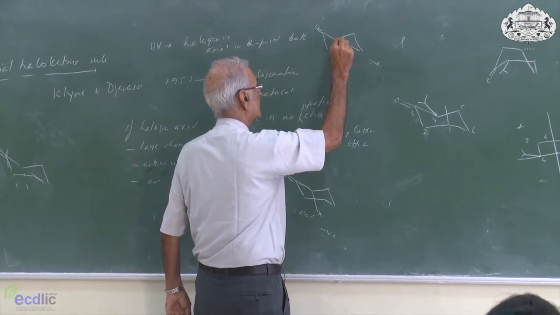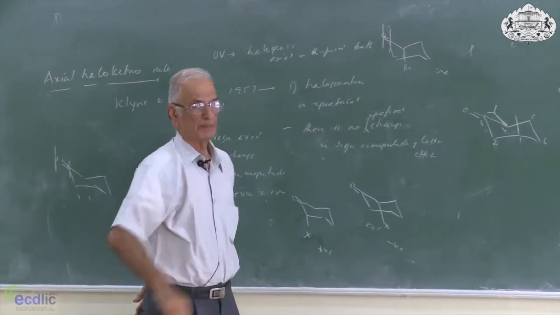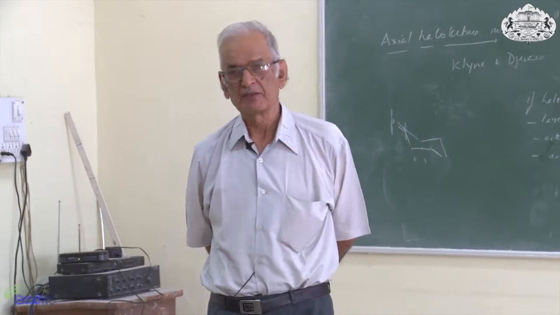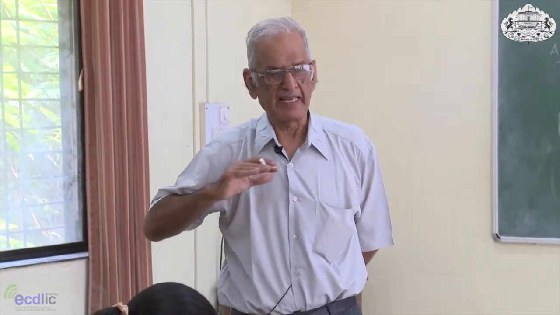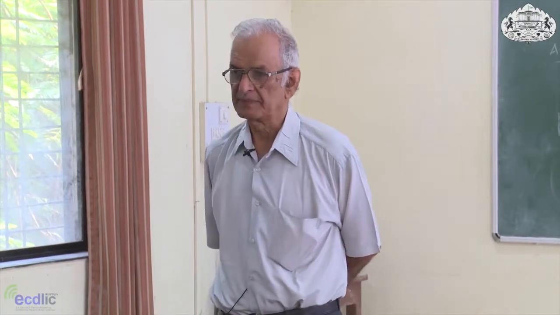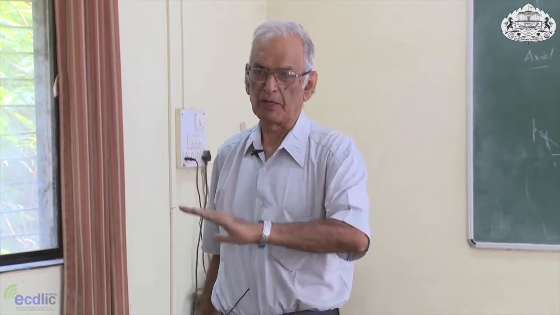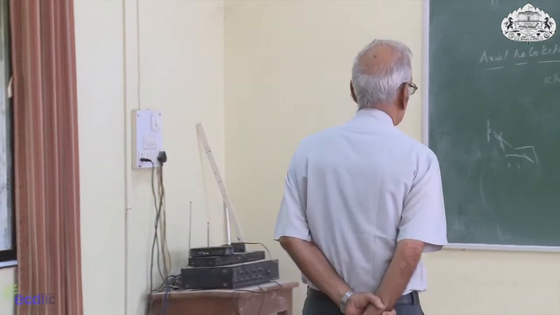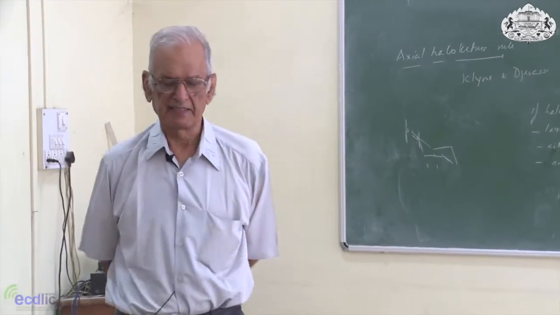Why is this? The orbitals of the carbon-bromine bond are parallel to the pi orbitals of the carbon-oxygen bond. Whereas if the halogen is equatorial, there is no change in the UV. When I say this, we compare the parent ketone with the product. So that was the UV method to find out whether halogen is axial or equatorial.